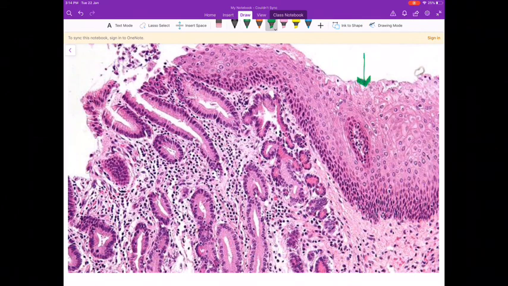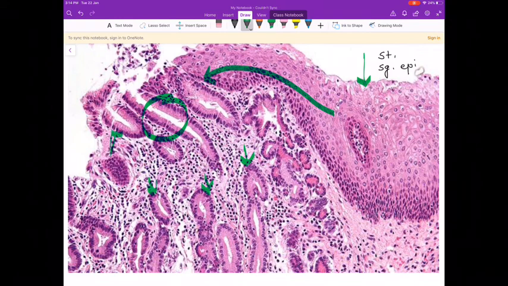What do you see here? Yes, we can identify two patches. One patch is squamous, multiple layer, so it will be stratified squamous. And if you follow that patch, we'll end up into another type of tissue here, which is columnar. They are forming glands.